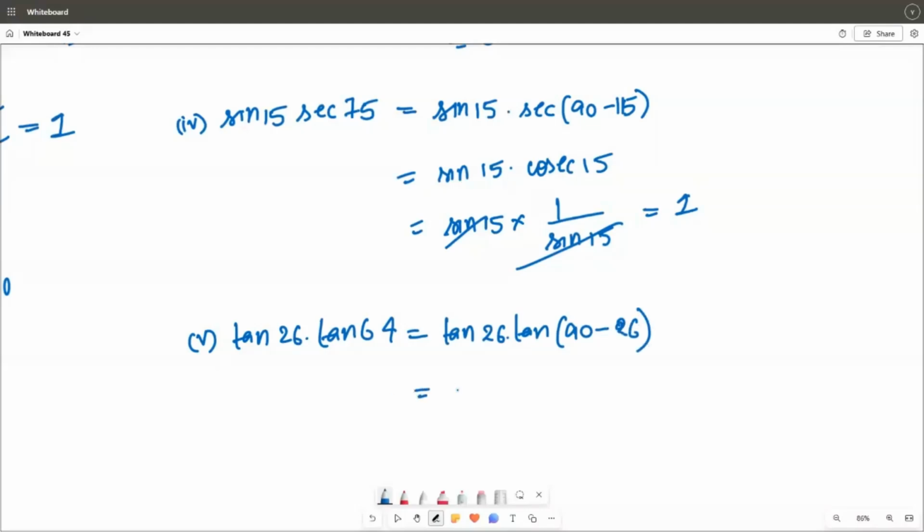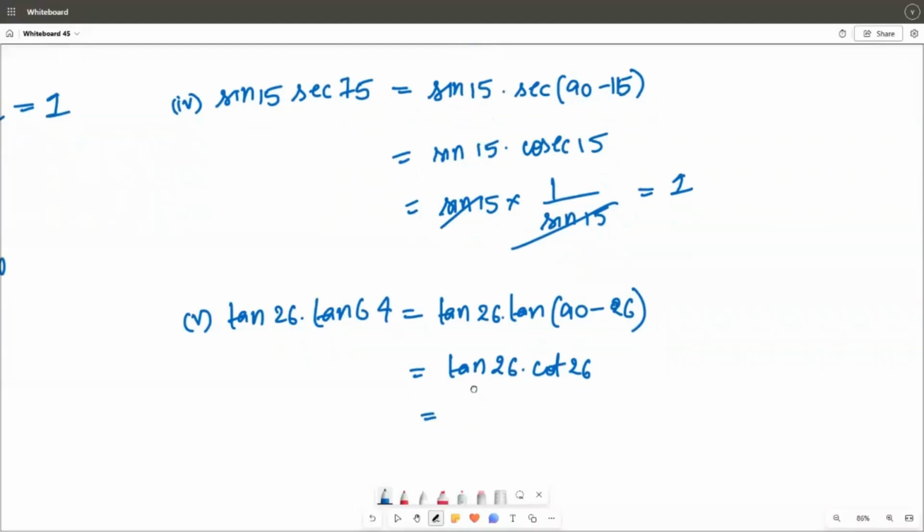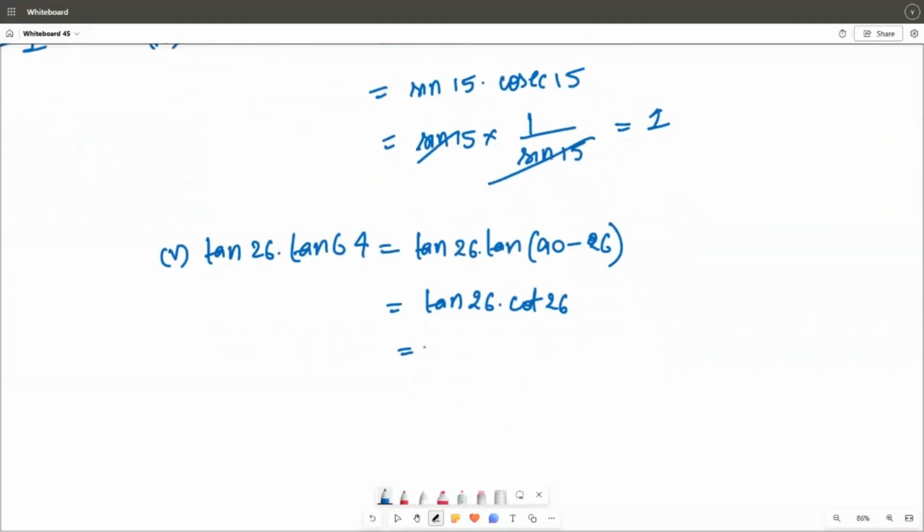So tan 90 minus theta is equal to cot theta. So this would be tan 26 into cot 26. And we know that cot and tan are reciprocals of each other. That is cot theta equals 1 by tan theta. So this would be tan 26 into 1 by tan 26. The numerator and denominator will get cancelled and the answer we get is 1.